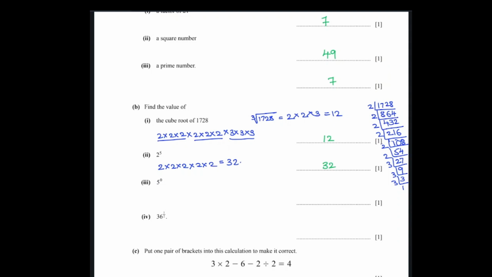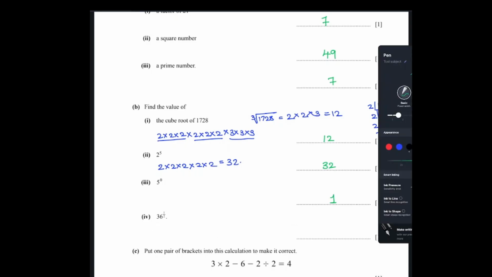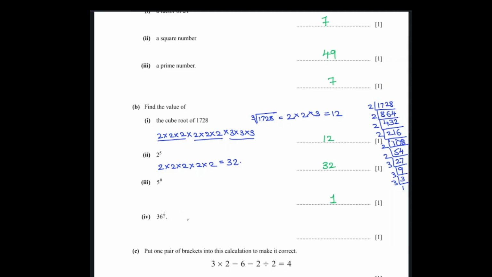Question number 3. 5 raised to 0. In laws of indices you have already learned that any number raised to 0 is 1. So the answer is 1. Then 36 raised to half. Whenever you have a fraction as the power, you need to take the denominator as the root.